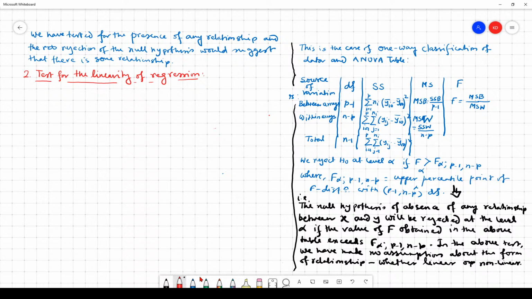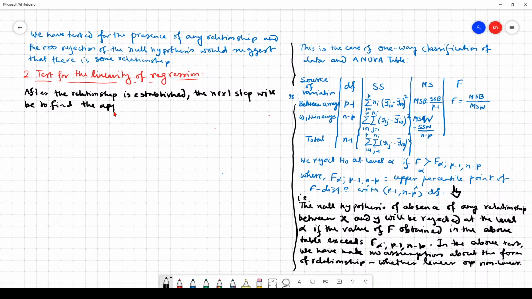So if H naught is rejected, that means the relationship is established. The next step will be to find the appropriate regression function.